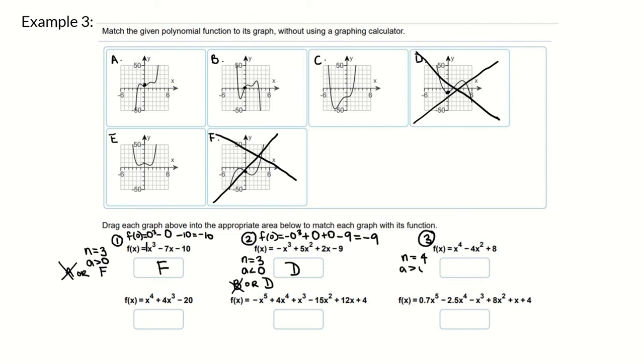Degree 4 is even, so the ends must match, which means we're looking at either graph C or graph E. And again, let's plug in 0 to see which one it is. f of 0 is 0 to the 4th, minus 4 times 0 squared, which is 0, plus 8. 0 plus 8 is 8, so we are looking between graph C and E for the value 8 at x equals 0. So C does not work, it must be E.